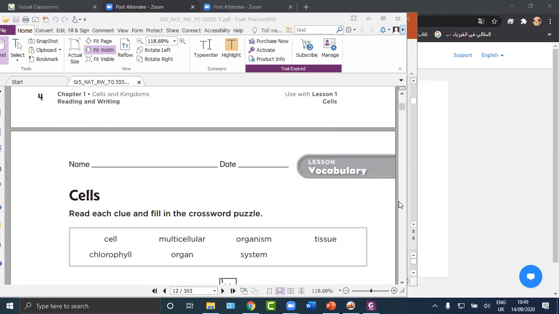Abdullah Muhammad. Yes, Mister. Number 1. Organisms that contain many different types of cells.